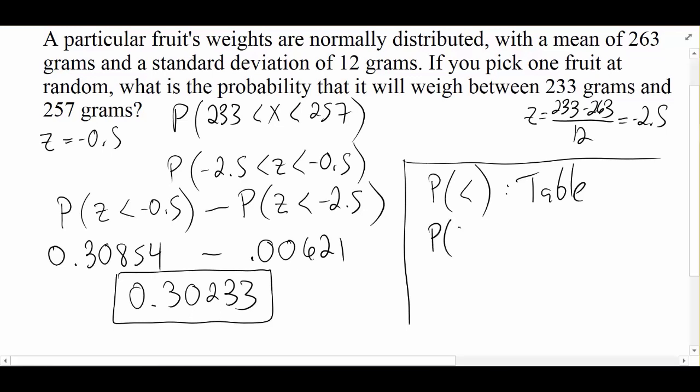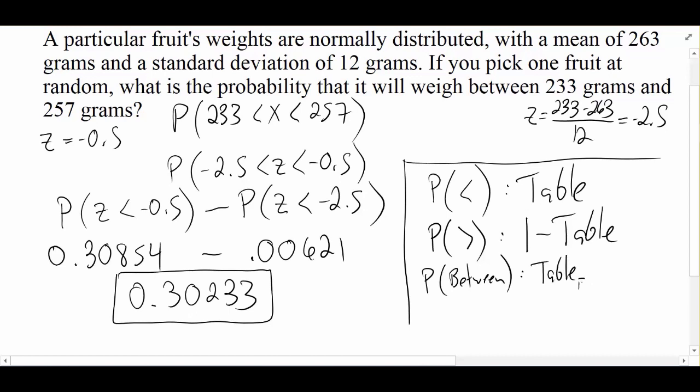If you have the probability of being greater than something, we're going to do 1 minus the value from the table. And if we're trying to find the probability of being between two values, then we're going to do the table value from the bigger one minus the table value from the smaller one.